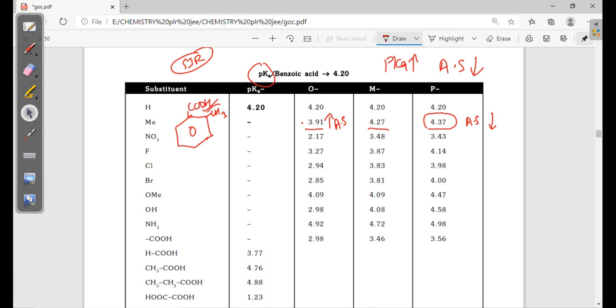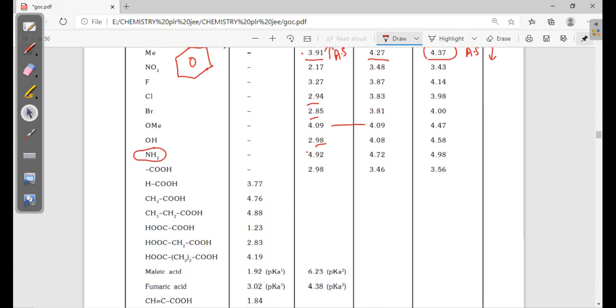You can see in all cases 3.2 is lowest, almost the same here, again lowest. But here, due to this NH2, it is a specific case, you have to remember this. And in the remaining, 99% ortho is least. Yes.